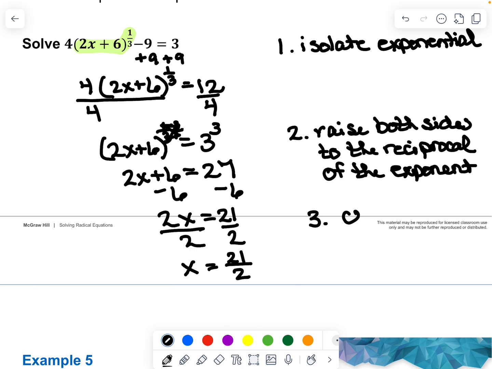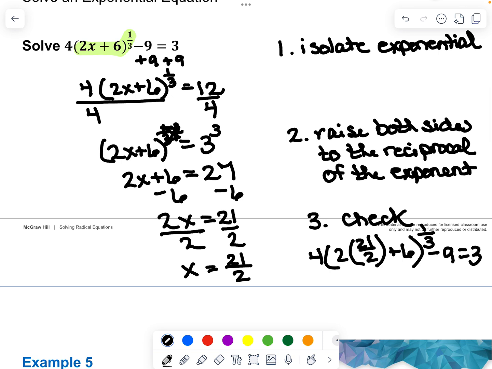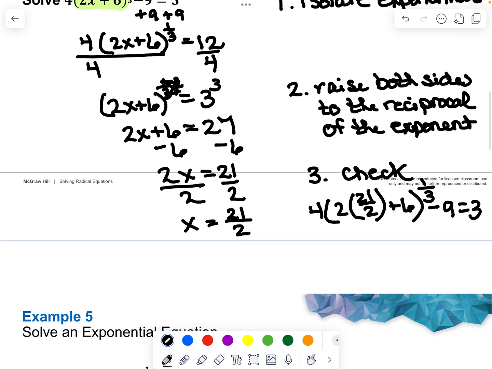So third step, let's always check and make sure we don't have an extraneous solution. 4 times the quantity 2 times 21 over 2, plus 6, raised to the 1/3, minus 9 equals 3. So 21 over 2 times 2 is just 21. 21 plus 6 is 27.